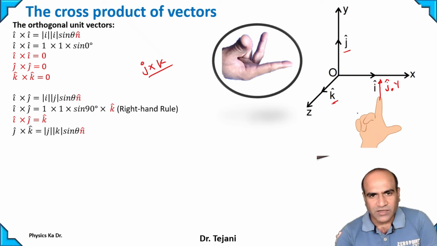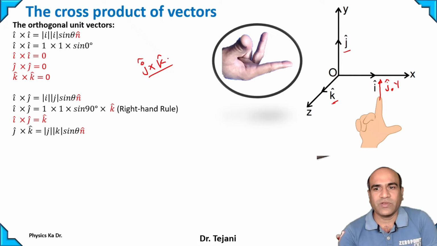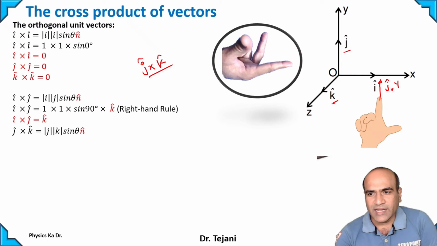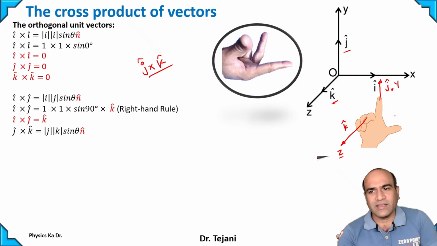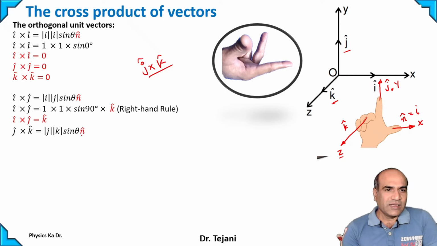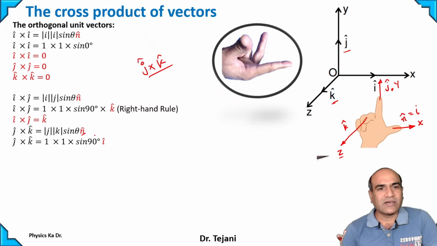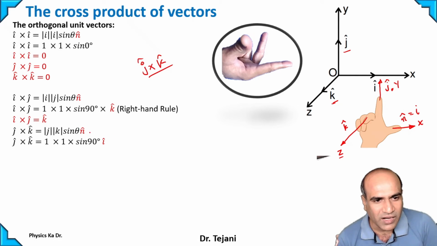And the first finger should be in the direction of k, along the z axis. And here the thumb is showing the direction of the resultant n vector, which is equal to i, showing the x direction. Therefore the resultant vector becomes i.